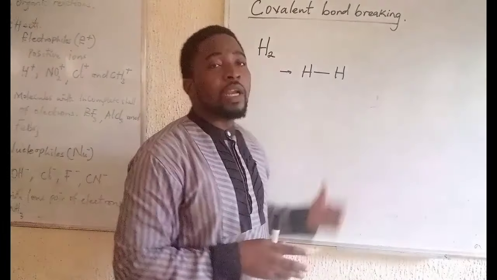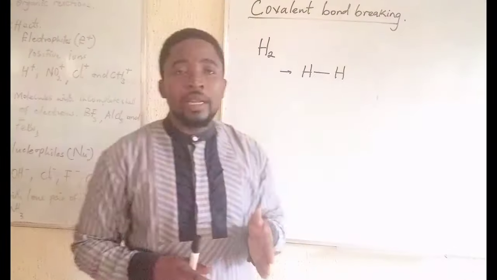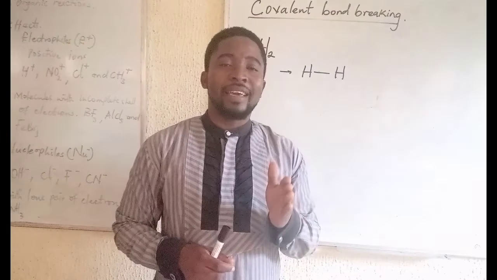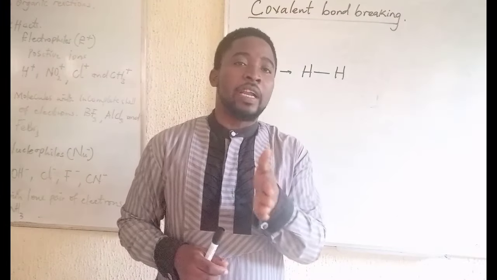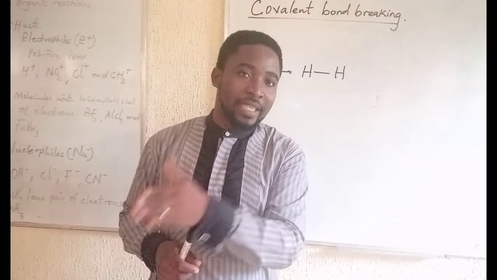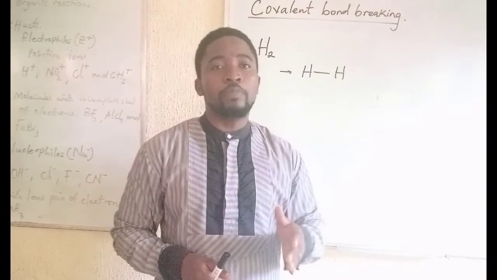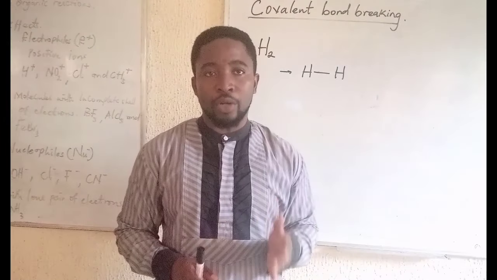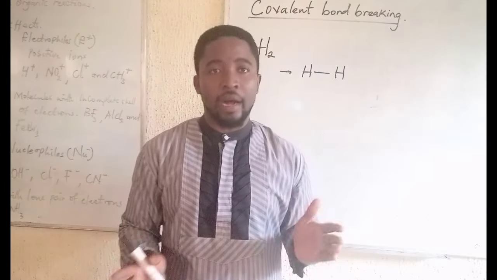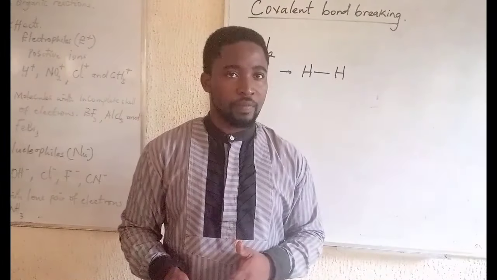So this type of molecule will definitely be involved in a type of covalent bond breaking called the homolytic bond breaking process. The homolytic bond breaking process is the one that results in the formation of free radicals, not ions.